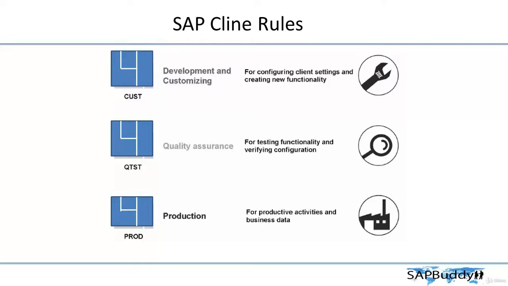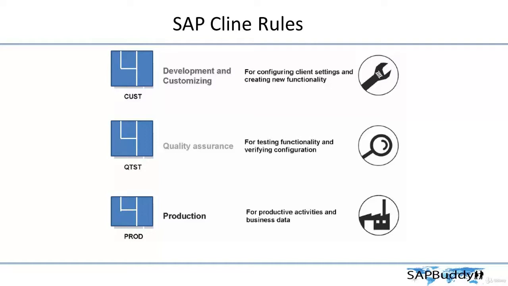For example, the client customizing is a client which is used for development and customizing. In the client customizing, we will do all the development and customizing activity which is required for your organization, or for your customer, or let's say for the landscape.